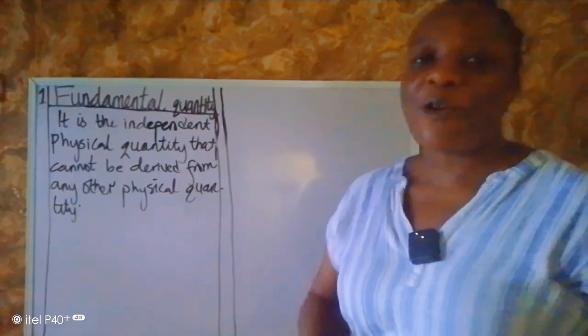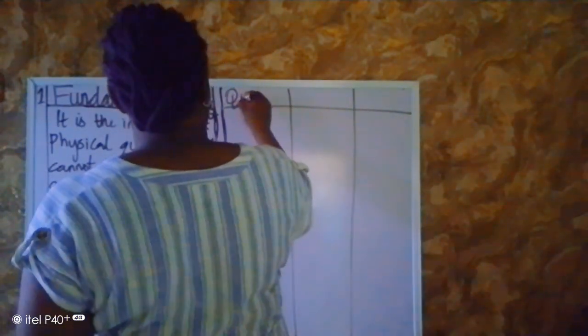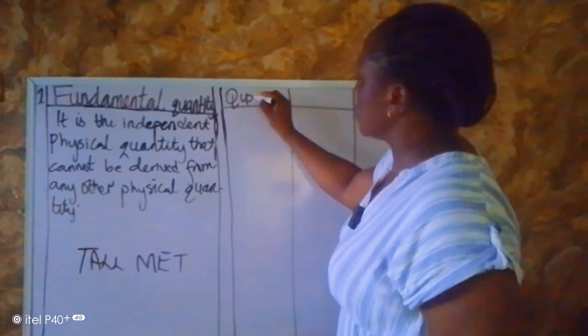I have an acronym for it, and that acronym is TOMET. What do we mean by TOMET? Guys, we have to draw our table first. When we draw our table, we have our quantity.